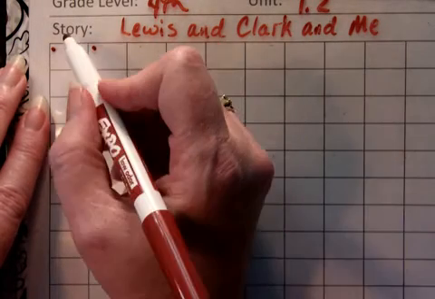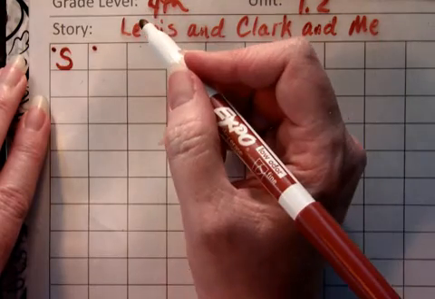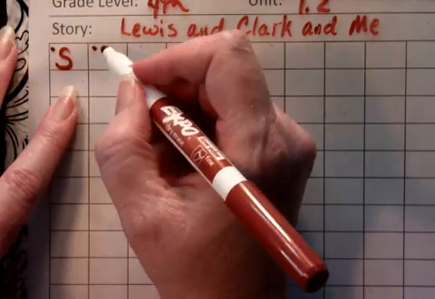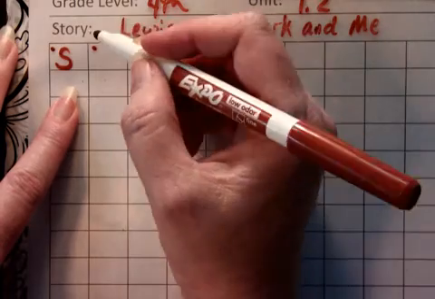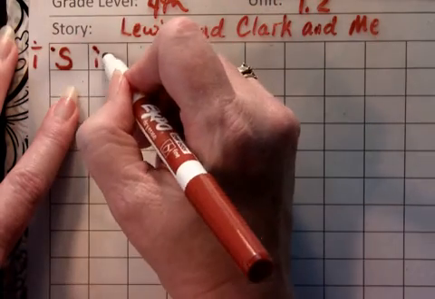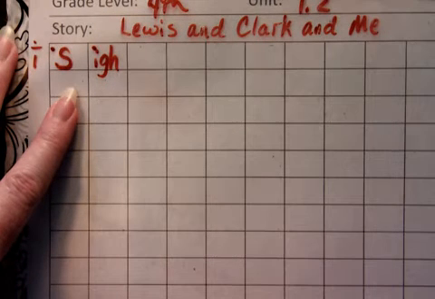The first sound is the S. The next sound is I. All the spellings for this week with the long I, we'll put the long I out here, is IGH.